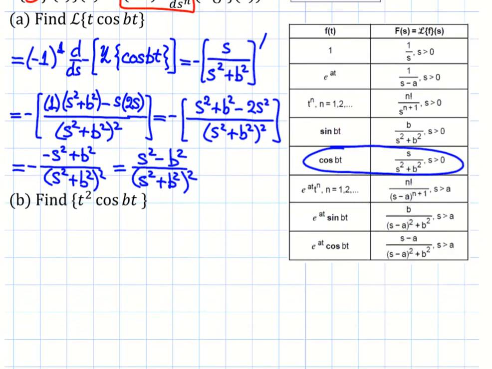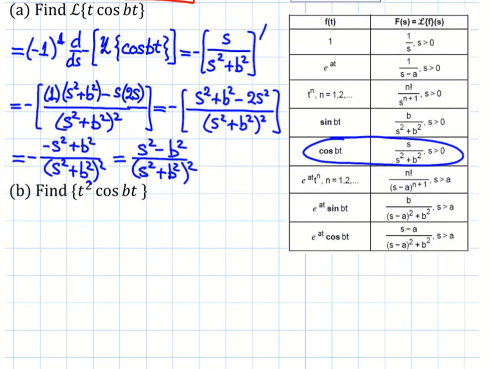We have a similar problem, but this time we have t to the second power. So we will have the second power of -1, and then the second derivative of the Laplace transform of cosine bt.